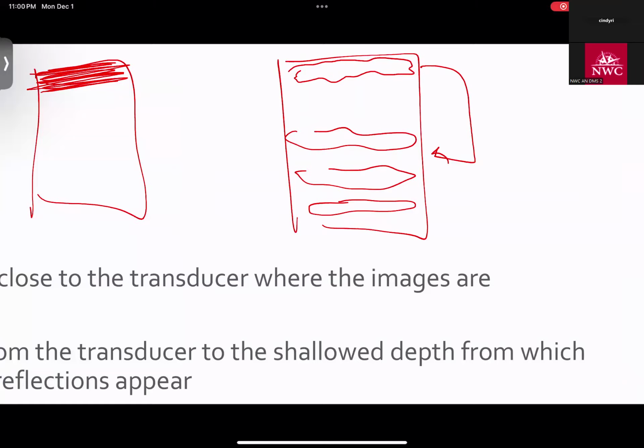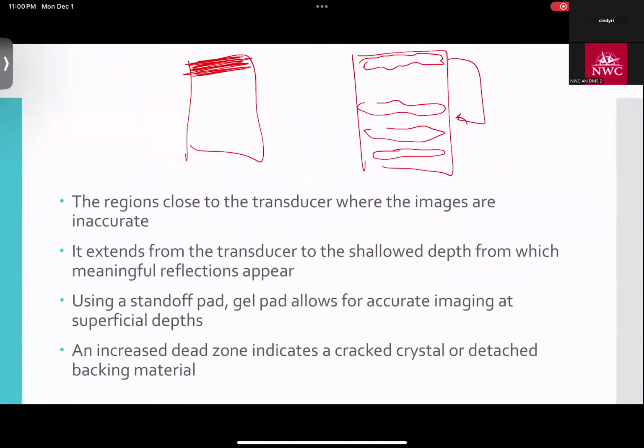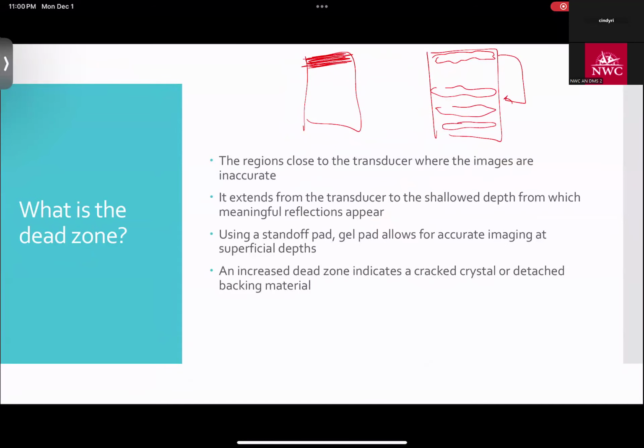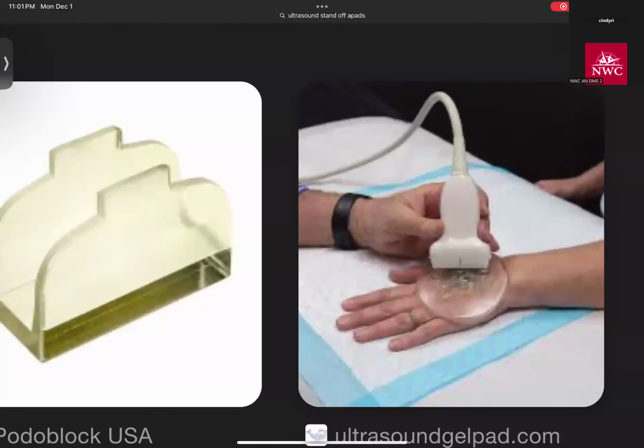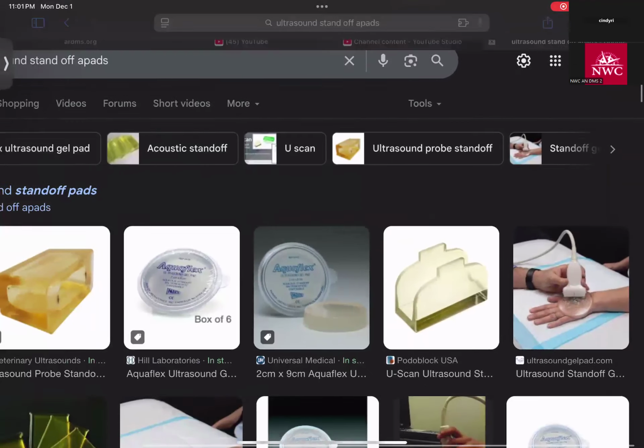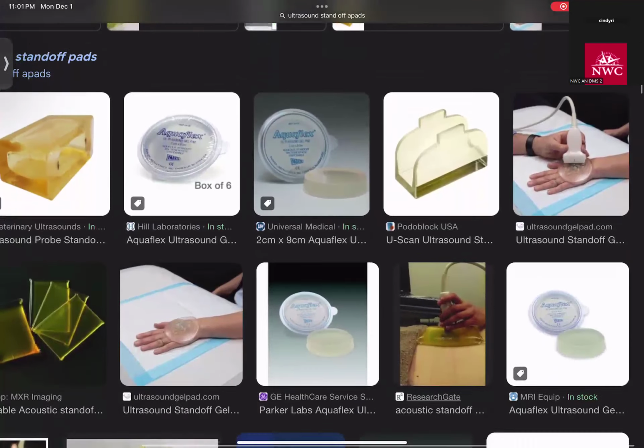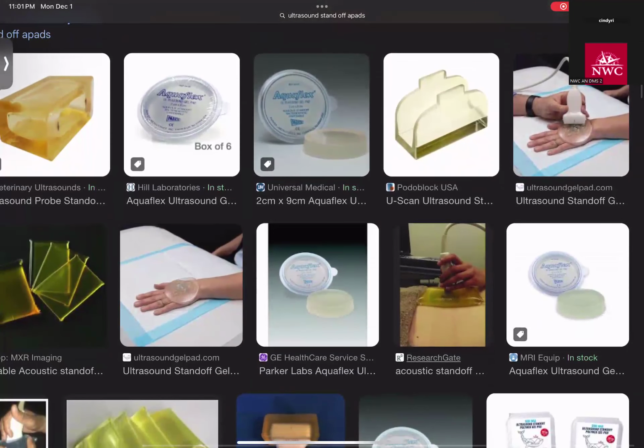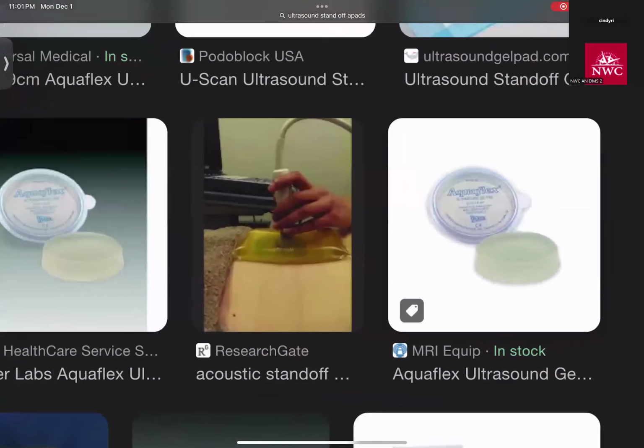Because this structure that we're looking at is so superficial, we have to find a way of pushing it down and not having it so superficial on the screen. So what we're going to use is a standoff pad. Let me show you what that is. Here's an example of a standoff pad. A standoff pad is just a round or rectangular pad made out of a gel consistency.